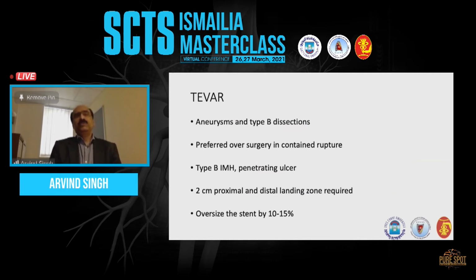TEVAR has been used for almost everything that now affects the descending thoracic aorta, be it type B dissections or contained rupture, penetrating ulcer, intramural hematoma, as long as we've got a landing zone. And sometimes we as surgeons need to provide them a landing zone. We should be able to manage most of the descending thoracic aortic pathologies with TEVAR.